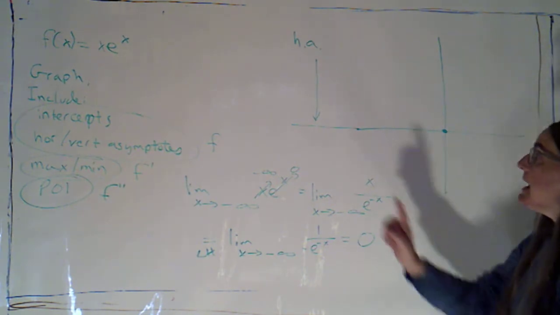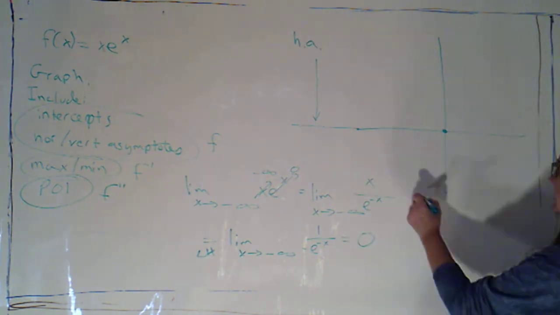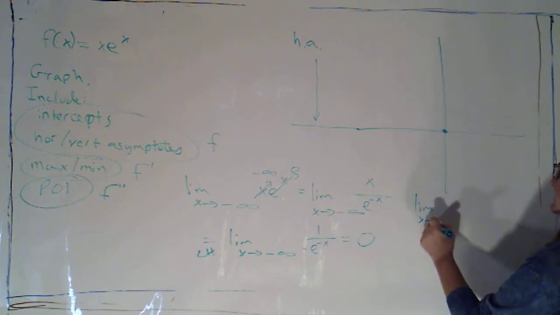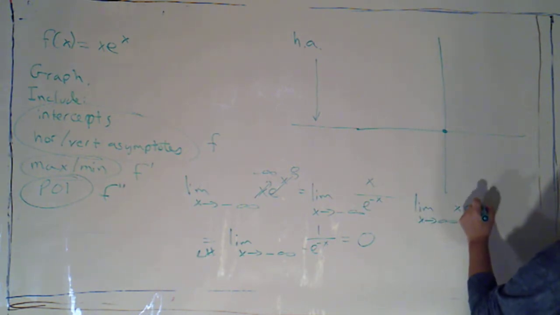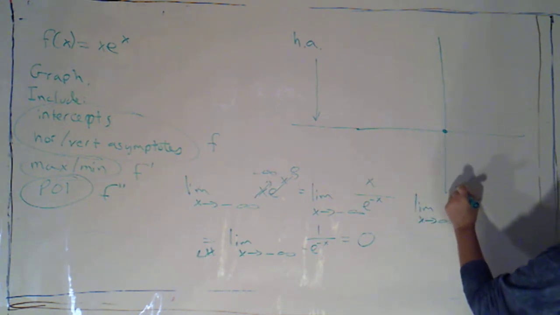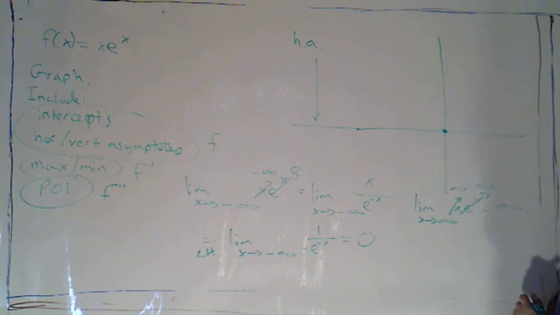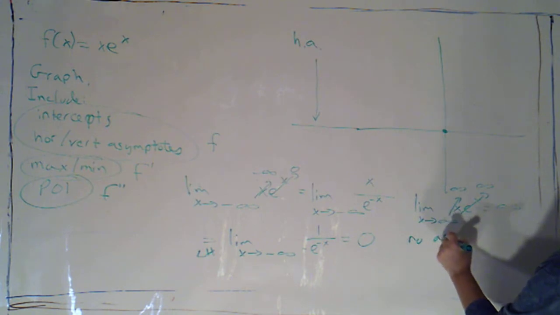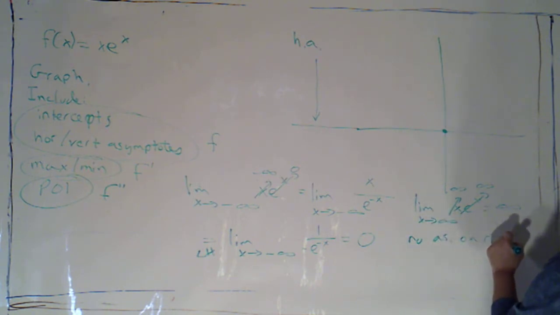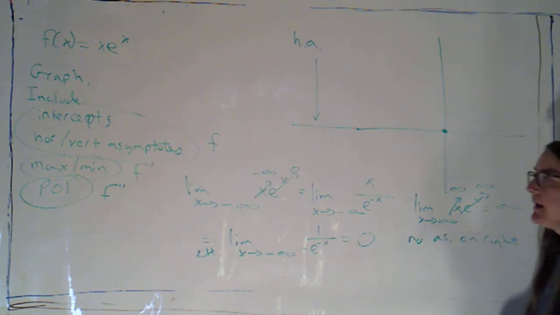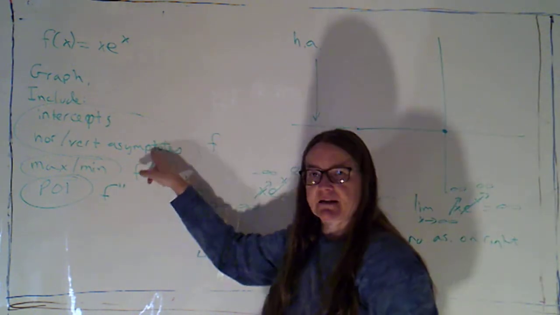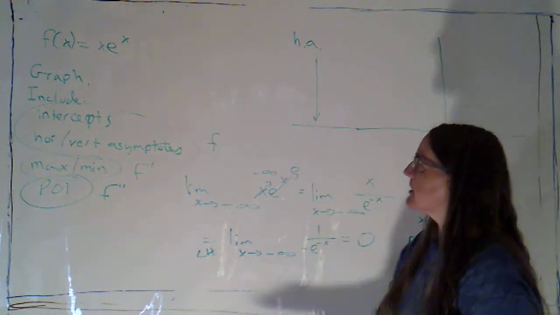Okay. Let's check on the right-hand side. Limit as x goes to infinity of x times e to the x goes to infinity, e to the x goes to infinity. That's infinity, no asymptote on the right. Now, I asked to check for vertical asymptotes, so let's just check for two things.